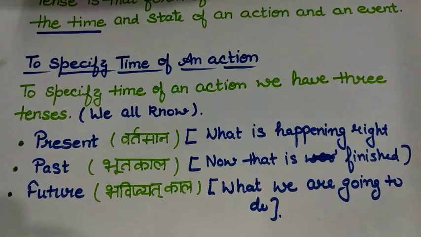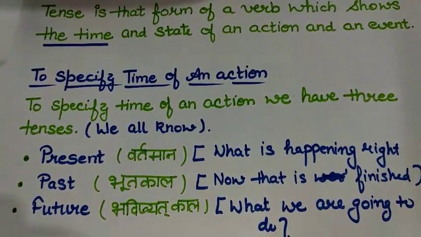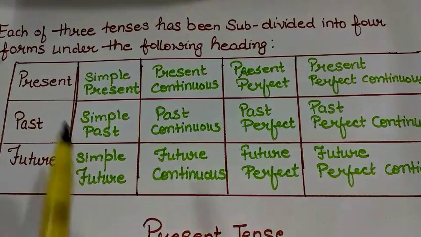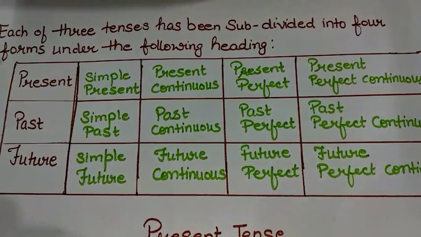Okay. Now let us understand the subtypes of these tenses also. Each of these three tenses has been divided into four forms under the following headings, as you can see in this table. See, this table is very easy to understand and we will go stepwise.